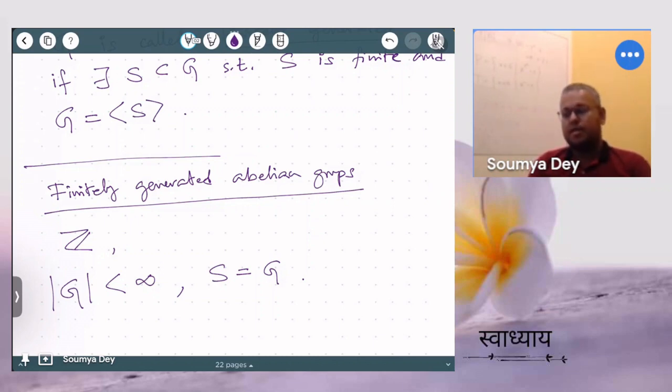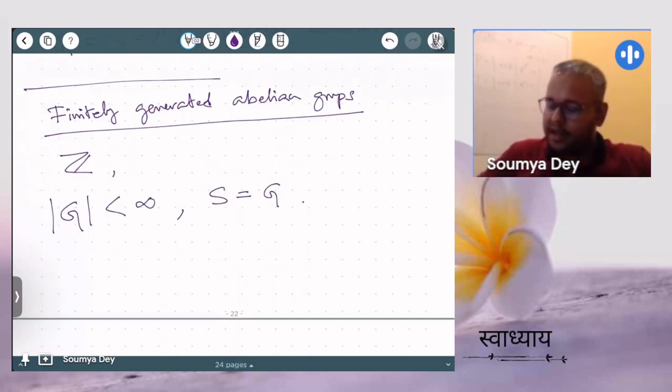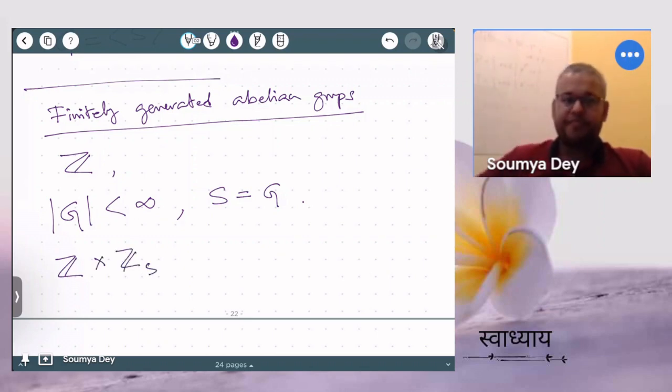How can you construct such abelian groups? Yeah. How about you take Z and you take direct product with Z5? Is it finitely generated?